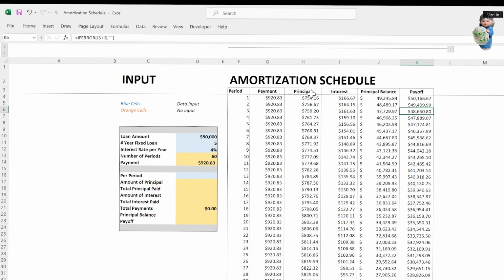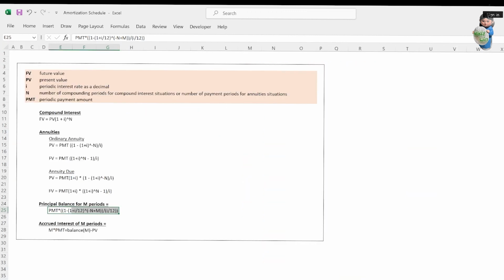Now you could pretty much look at, for example, the payment, right? Instead of using Excel functions, you could use a formula. Here is a tab of formulas for your reference. FV, future value, present value, interest rate, and this is how you calculate the compound interest, right?